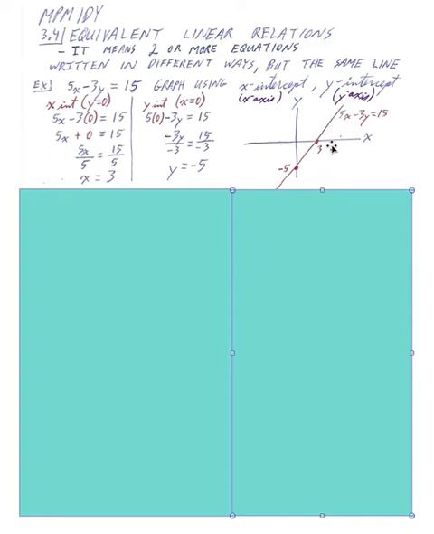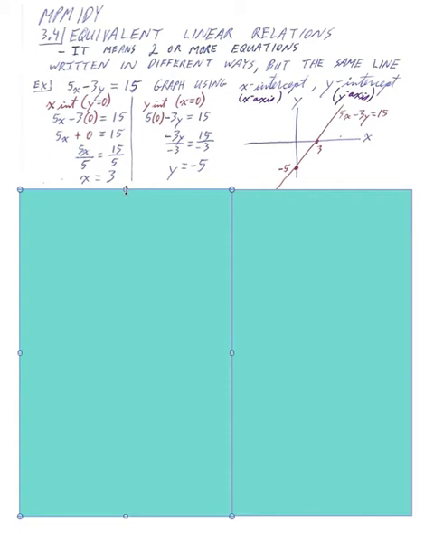Now, when you draw any line, you only need 2 points, and these are your 2 points. So I take my ruler, connect the dots, there's your equation, graphed on a line, on a Cartesian plane, an XY graph.